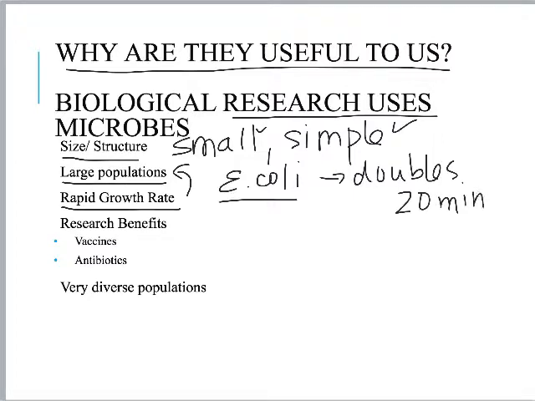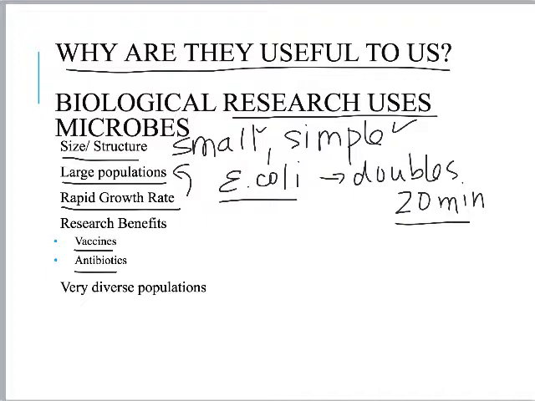So in one day, you could grow enough bacteria to do a really big experiment. You could get millions and millions of bacteria. They grow super fast. We use bacteria to make vaccines. We use fungi to make antibiotics, and we'll talk more about that as time goes on.